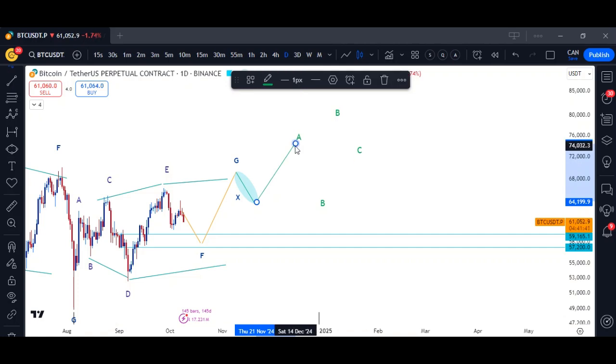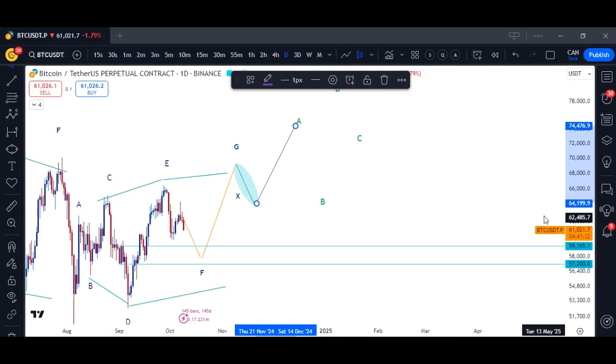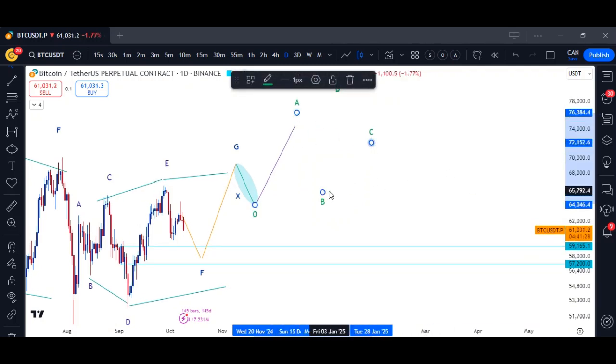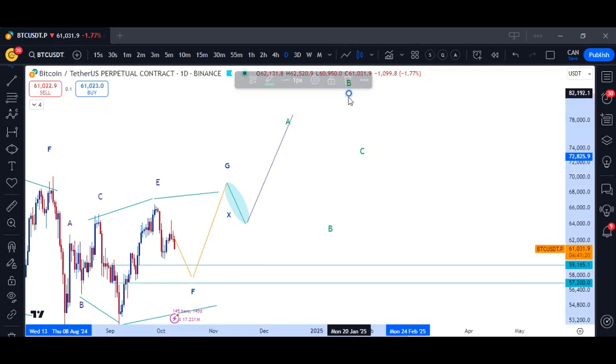This is where institutions are going to show their power, and lots of new buyers are going to jump in order to catch the new all-time high.